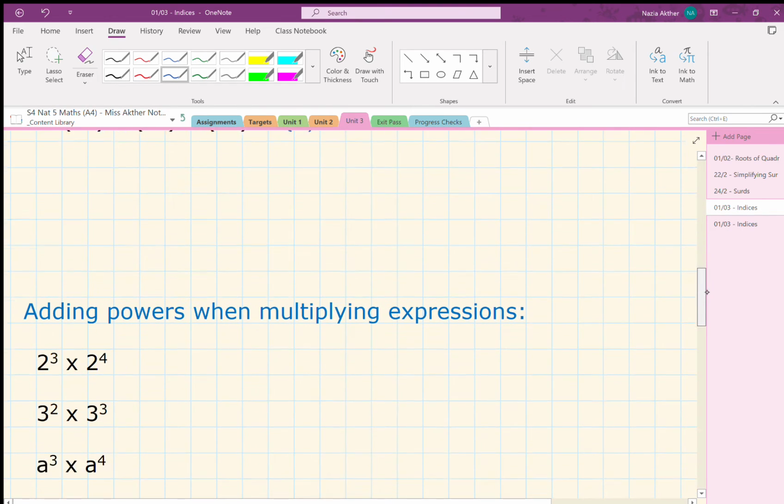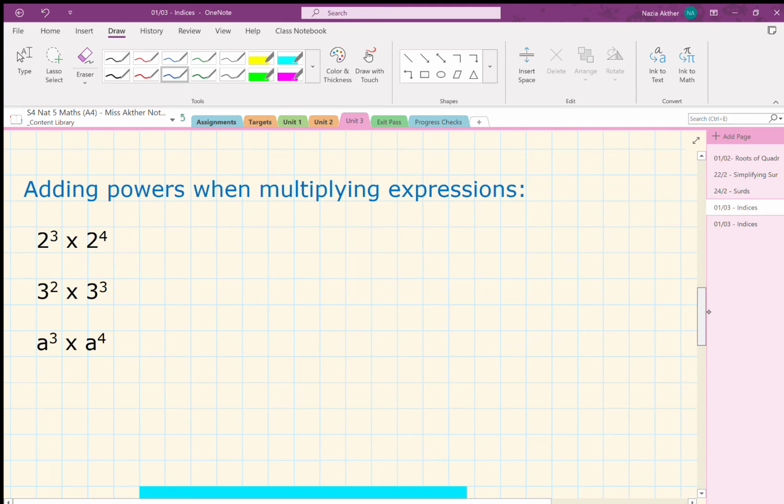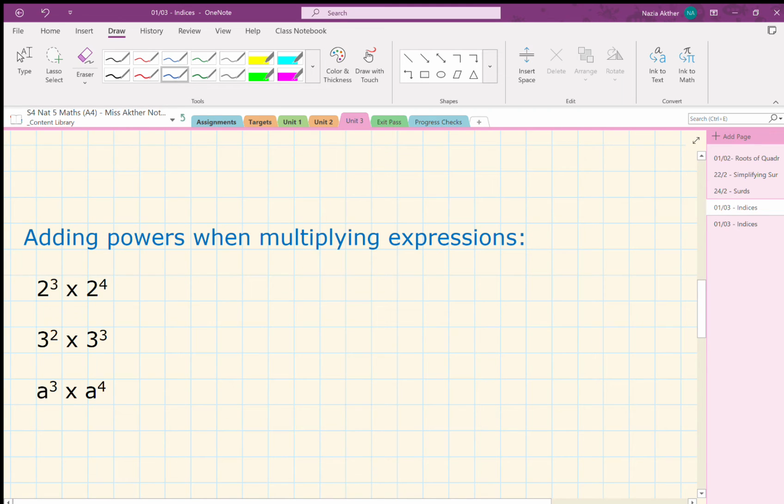So if you think back to our first success criteria, being able to add indices when multiplying expressions, this is what we're going to do now. I've got a few examples here. First one being 2 cubed times 2 to the power of 4. Remember, when we're multiplying expressions, we're adding the powers. We know that 2 cubed is the same as 2 times 2 times 2.